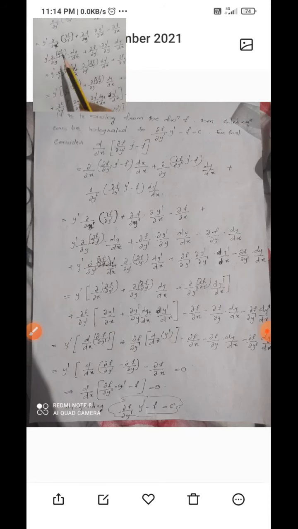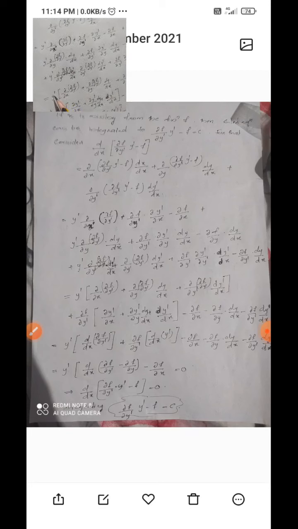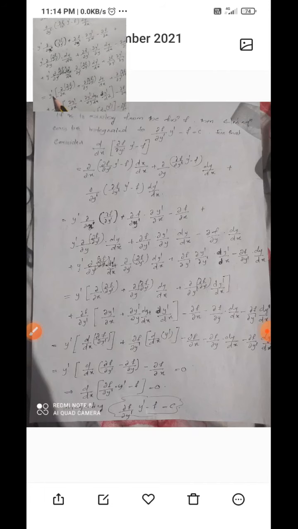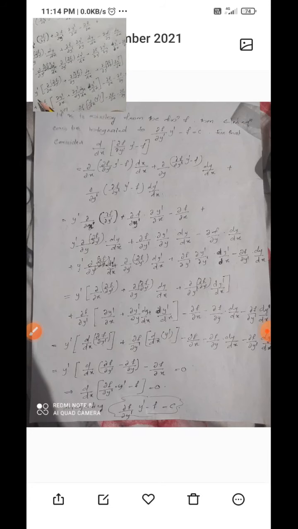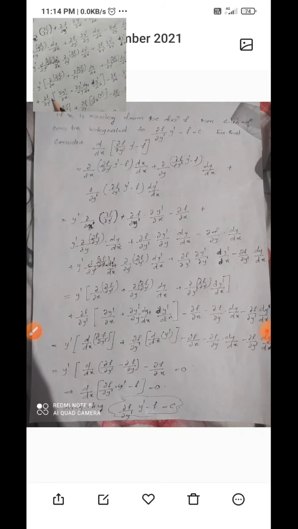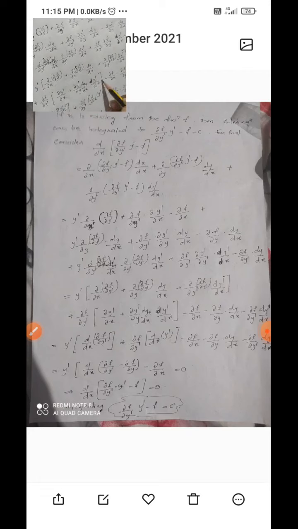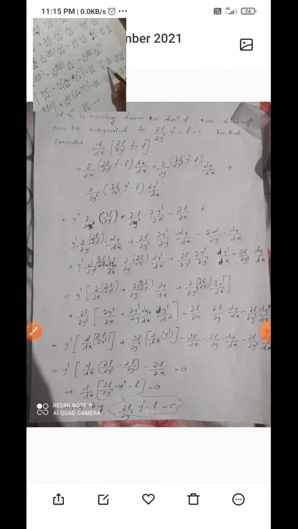Then next we have to write, here we have to take out y dash, we get this. When we take out y dash, we get this many terms. Similarly, taking out ∂f by ∂y dash, we get this. Then these are the remaining terms.